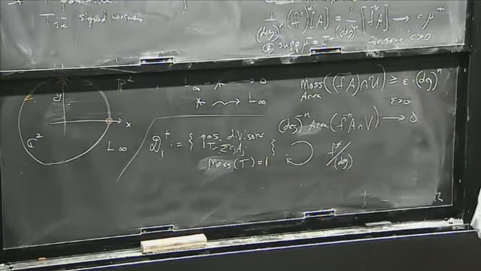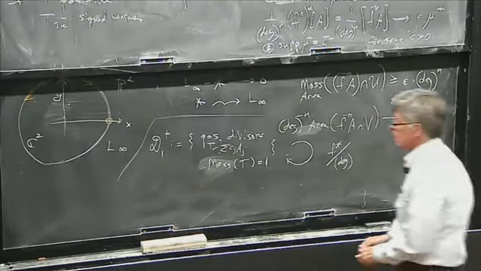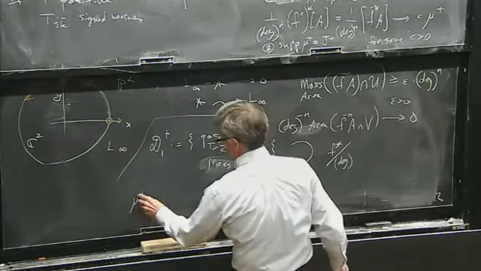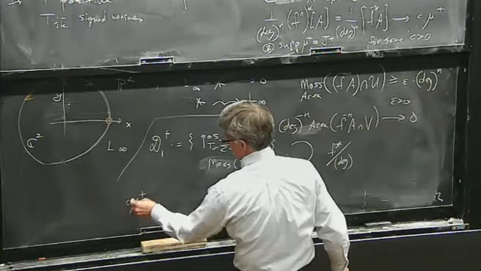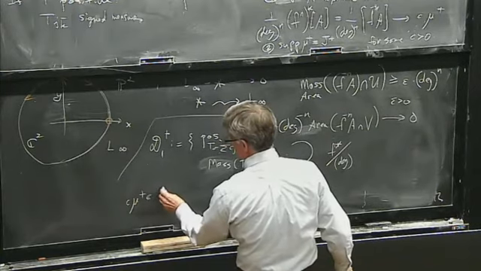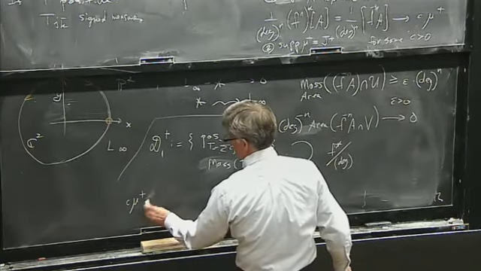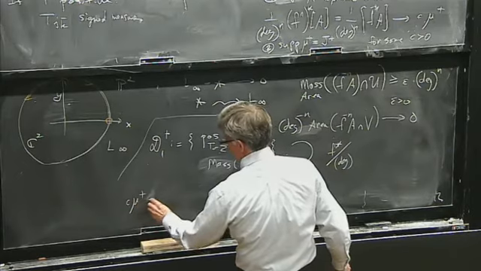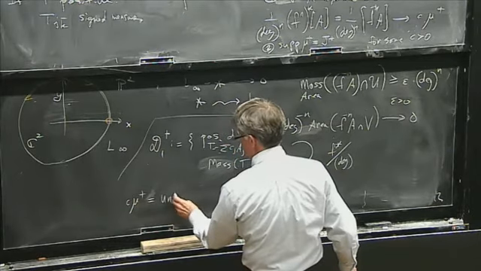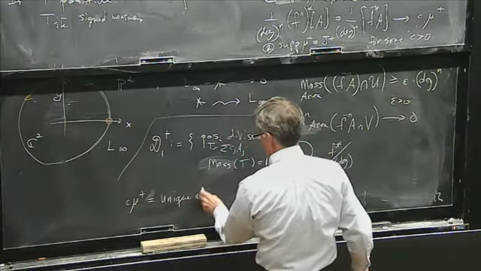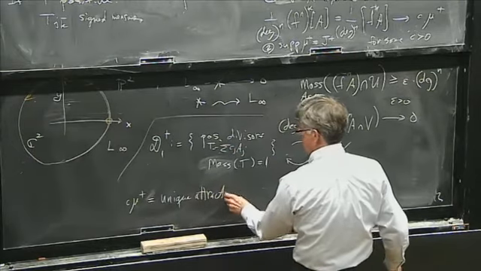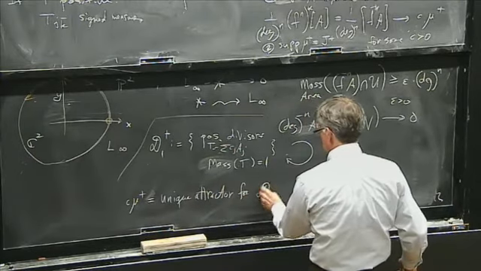Okay? And the statement here is that mu plus, maybe some multiple of it, is inside of the unique attractor for D1 plus.